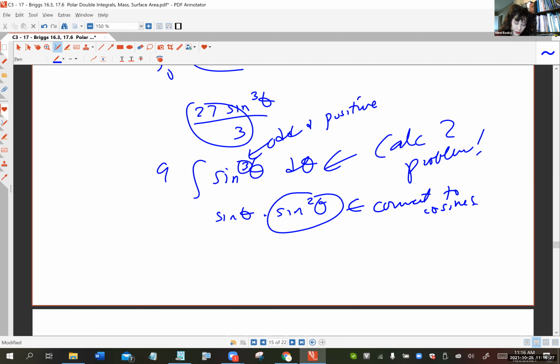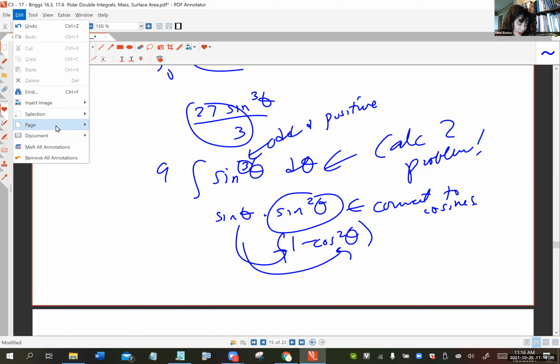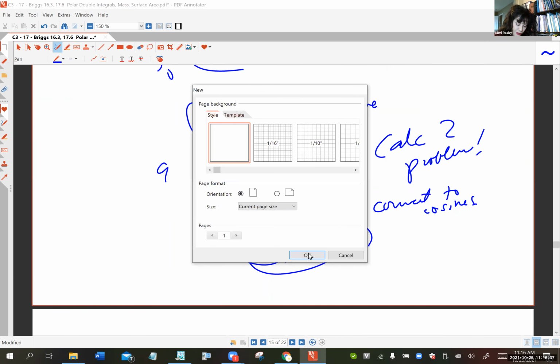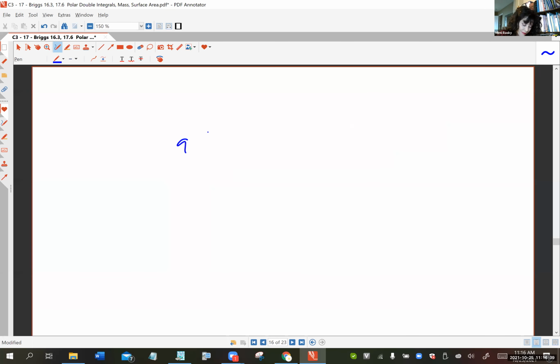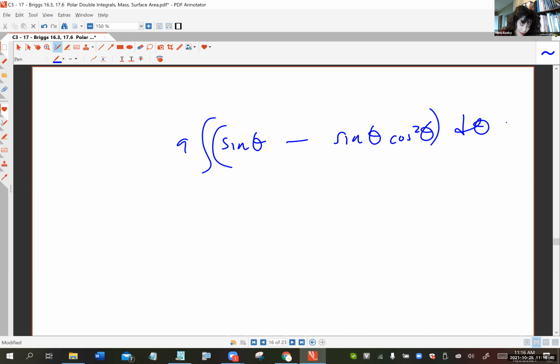And sine squared was not hard because it's 1 minus cos squared. And then distribute your sine. Anybody remember this from Calc 2? Sort of, kind of, maybe.